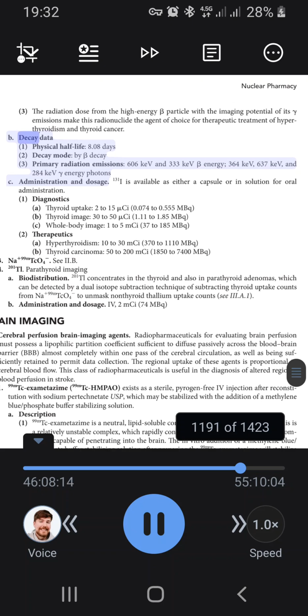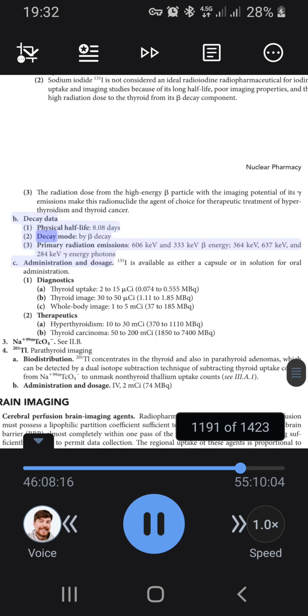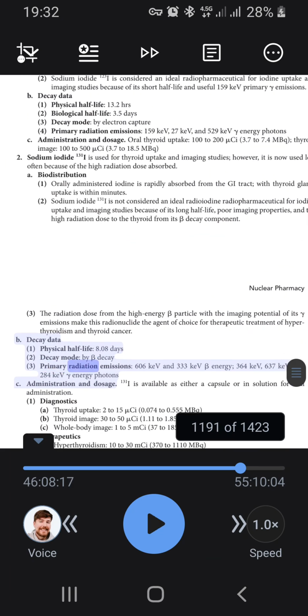B. Decay data. 1. Physical half-life 8.08 days. 2. Decay mode by beta decay. 3.